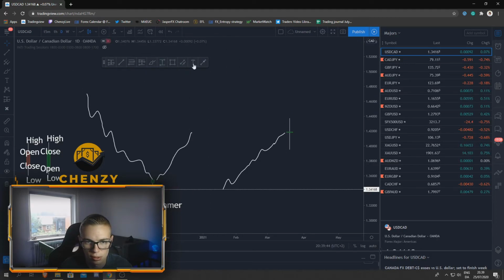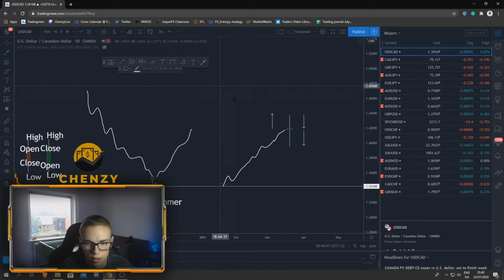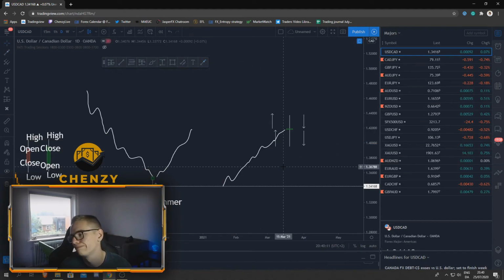And you can tell because buyers tried to push the price up and sellers rejected, and sellers tried to push price down and buyers rejected, if that makes sense.